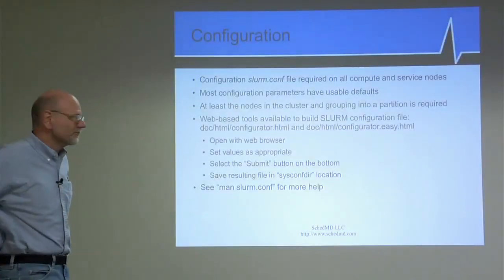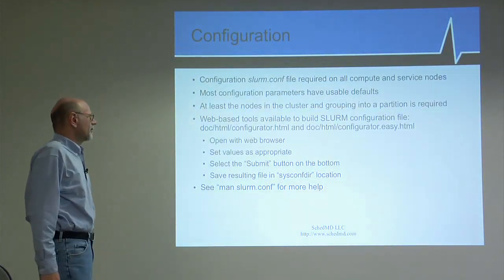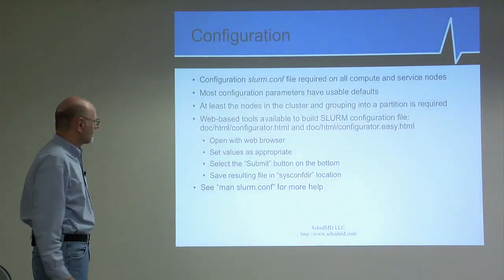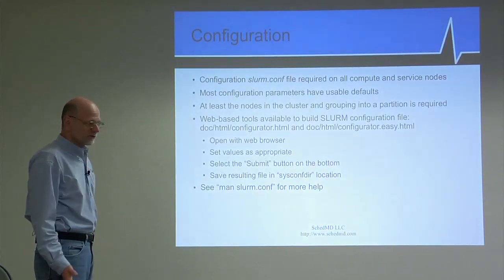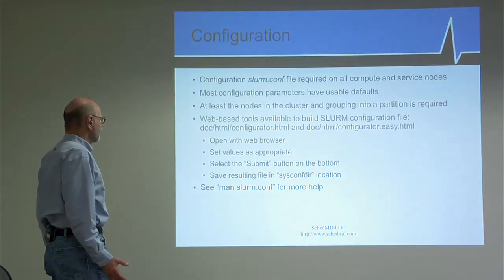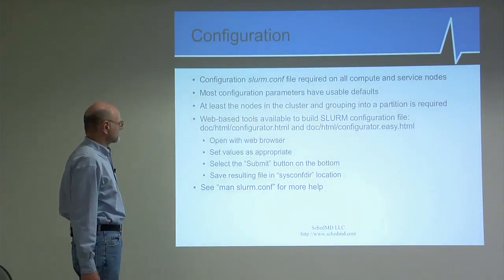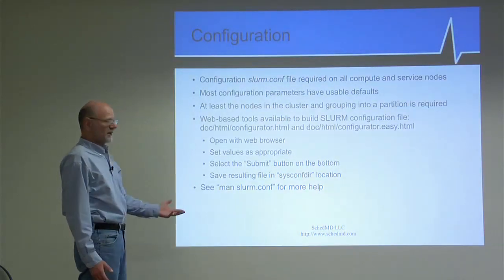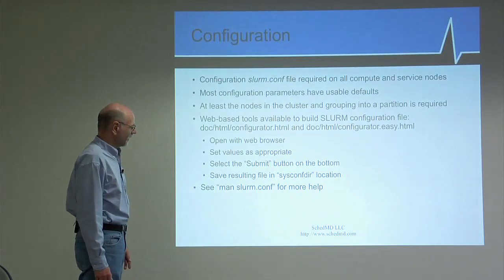Your Slurm configuration file is called slurm.conf, and it's required on all the compute nodes and service nodes, basically anywhere a daemon's running or a command's running. Most of your parameters have usable defaults, but at least the nodes in the cluster and their grouping in the partitions or queues need to be defined. There's a web-based tool available for you to build this configuration file.